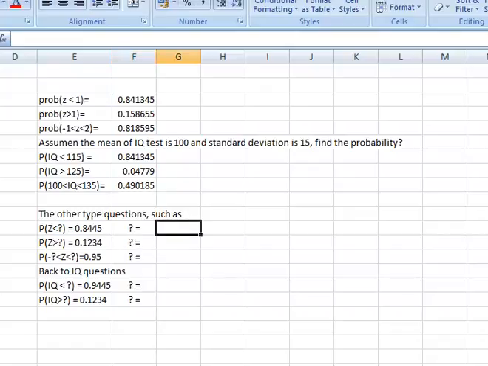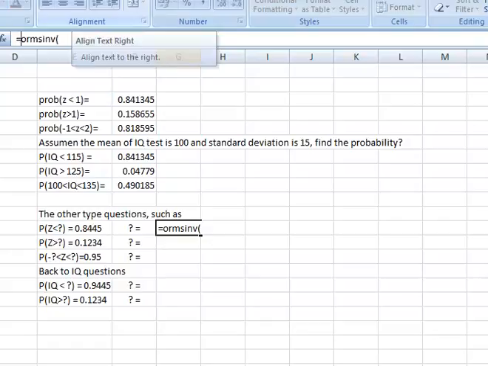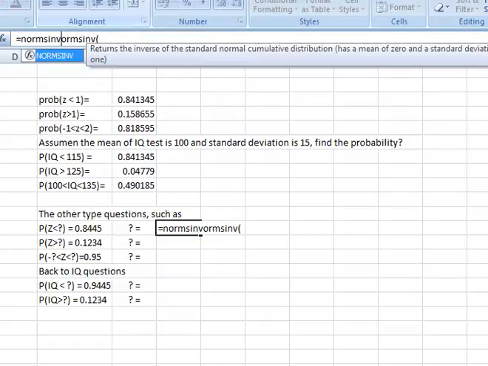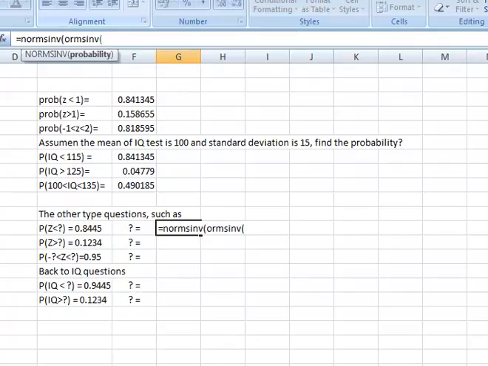So here we use equal NORM.S.INV. Now I put in the probability 0.8445.